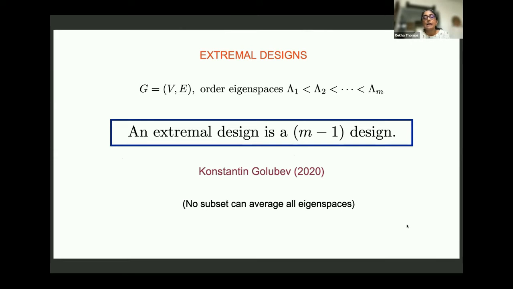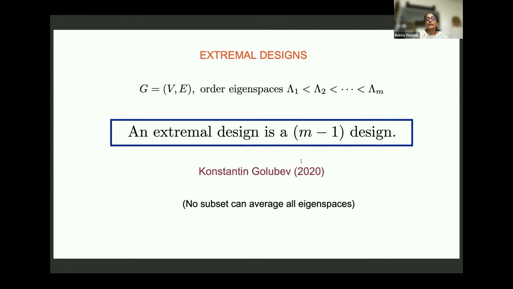If we have m eigenspaces, then we could ask, is there a proper set of vertices that can average every eigenspace? Unfortunately, no. We cannot have any proper subset that can average all the eigenspaces.